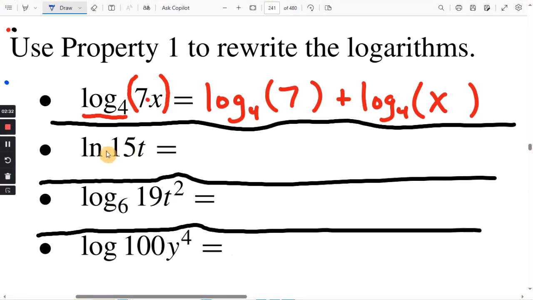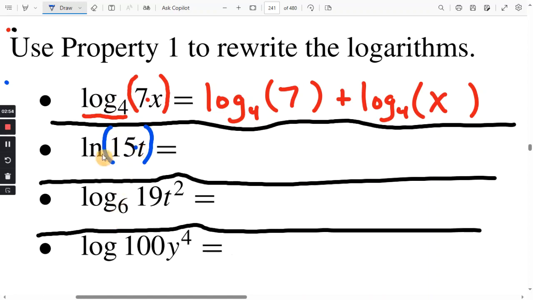Please pause and see if you can do the same thing on ln of 15t. So here, ln, that's the natural log, that's log base e, but that's irrelevant. Okay, this right here, 15t, is your argument. Okay, that's 15 times t.